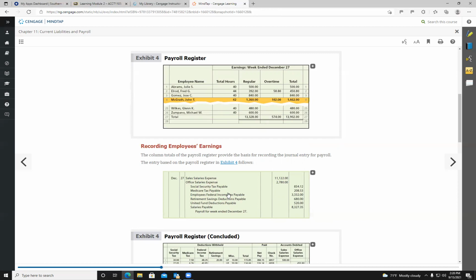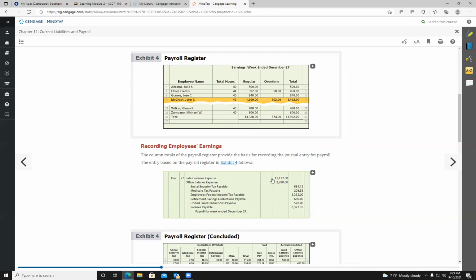All right. So this is to record the employees' earnings. We start out by recording their salaries expense. Here they broke it out between sales and office, but it's salaries expense. Now it's an expense, so it's going to be a debit.